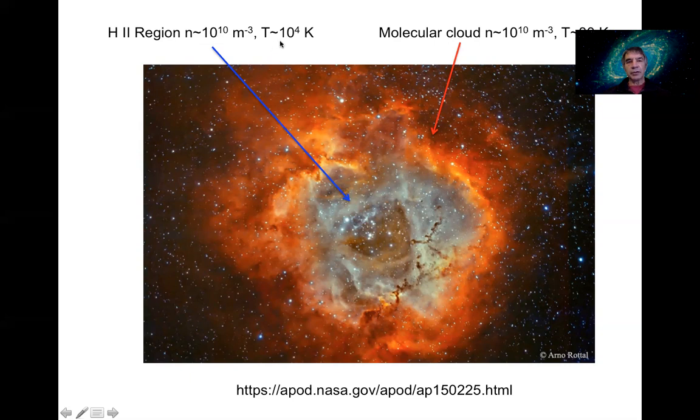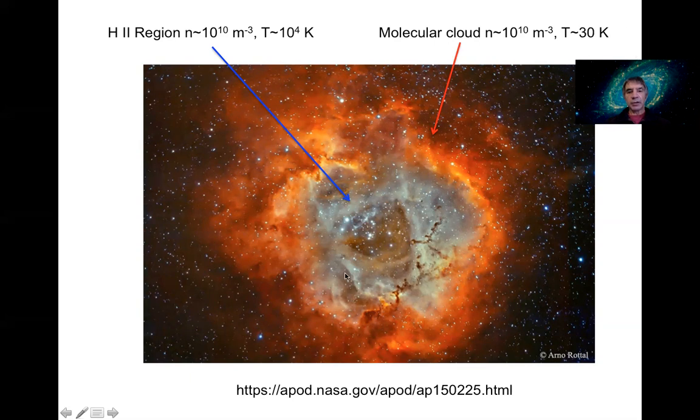If you take the typical densities and temperatures that I mentioned before, the H II region and the molecular cloud will both have similar densities, up at 10 to the 10 particles per meter cubed. But the big difference is that the temperature is 10,000 Kelvin in the ionized zone, and only about 30 Kelvin out here.